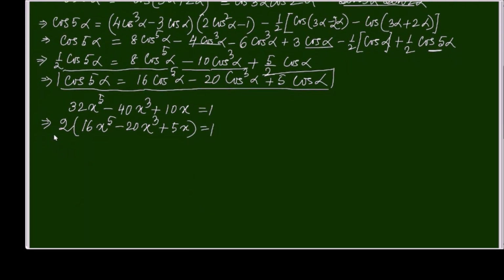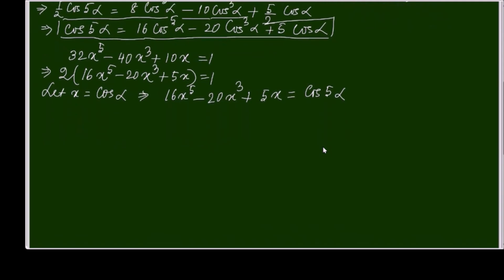Now I'll let x equal cos alpha, then 16x^5 minus 20x^3 plus 5x equals cos 5 alpha. So what we are getting now? We are getting cos 5 alpha equals half.